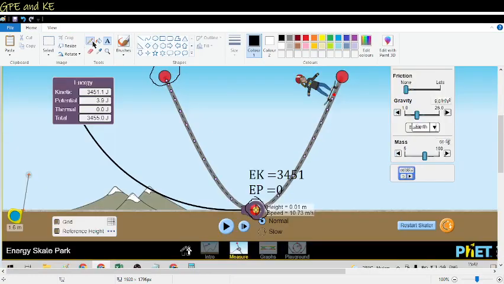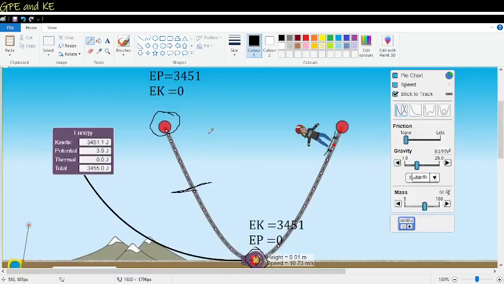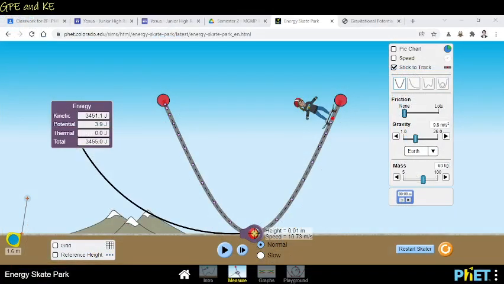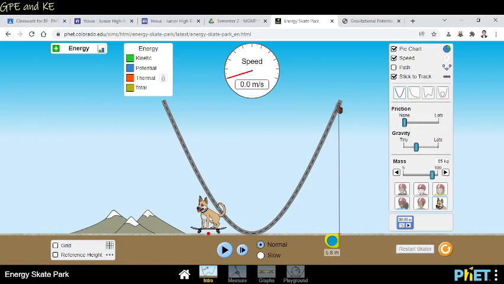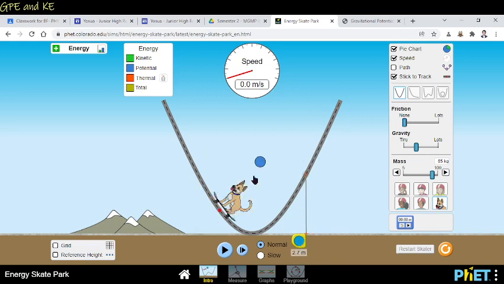What about at the middle? At the middle, it means half will be potential energy and half will be kinetic energy. Let's check it out. For example, this is 5.8 meter, so about 2.7 about here.